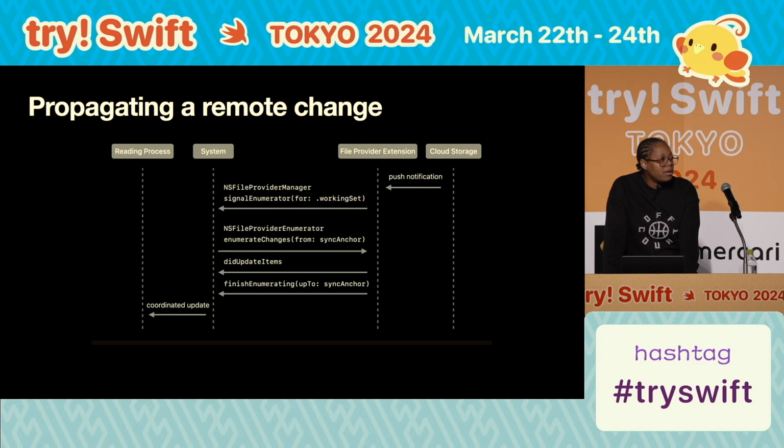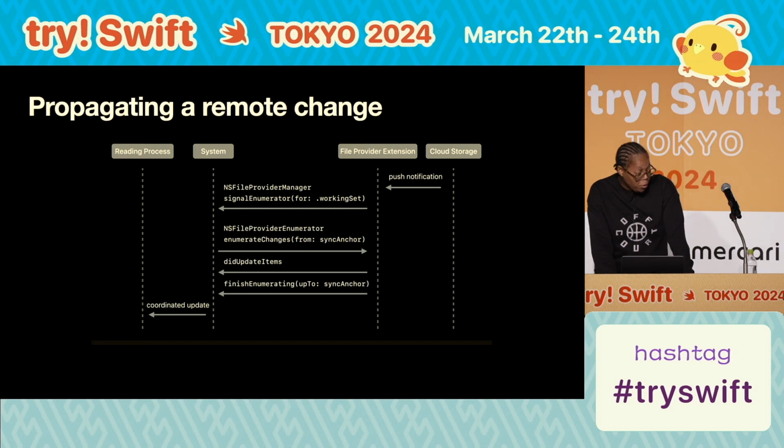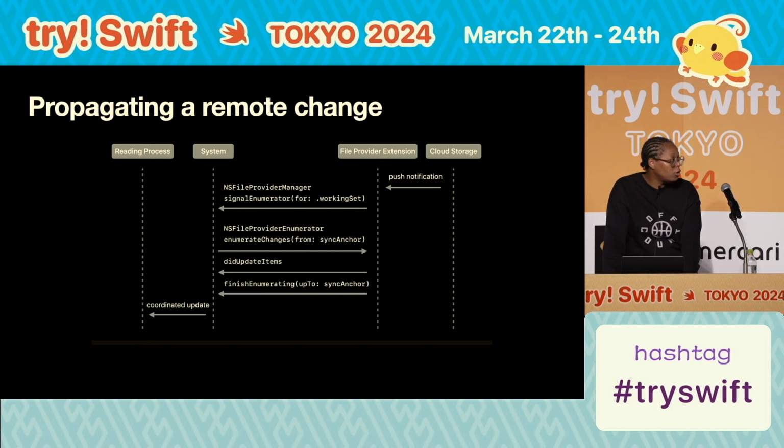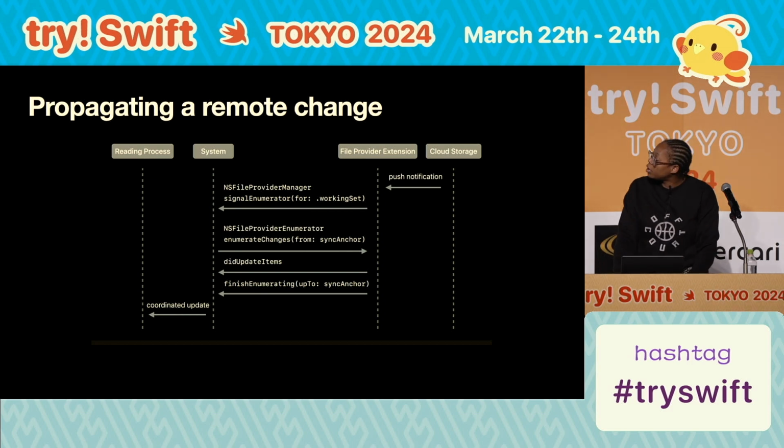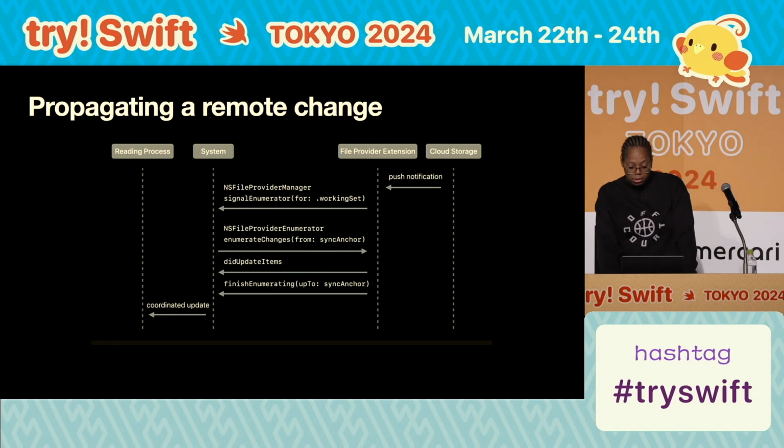So if the system gives you the changes from the working set, you will have a continuation token, which is called the sync anchor. It will be used to enumerate those new changes. The token is defined by the extension, and it keeps track of that sync anchor.